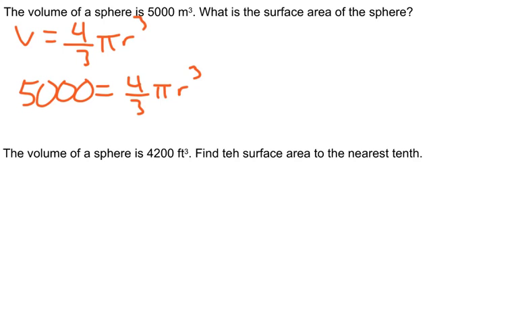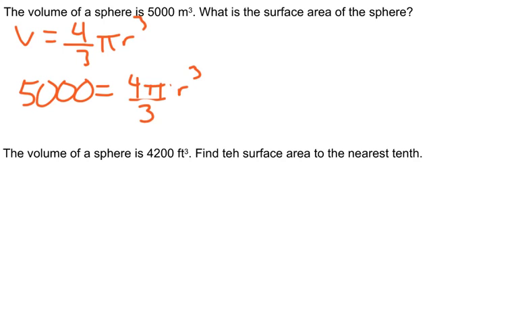Now it just comes down to getting r by itself. So technically we can rewrite this, now that I think about it. We can write this as 4 pi over 3. That is the same thing as 4/3 pi, because pi is in the numerator with the 4.